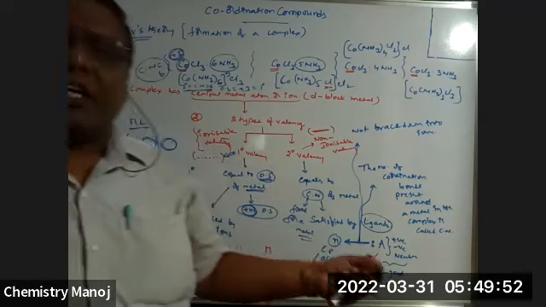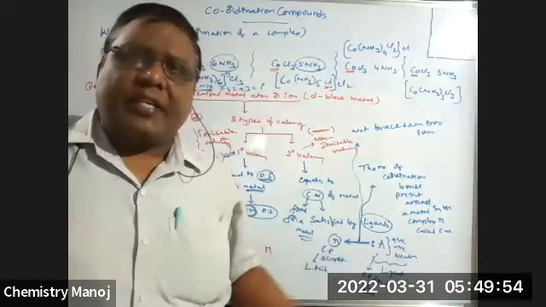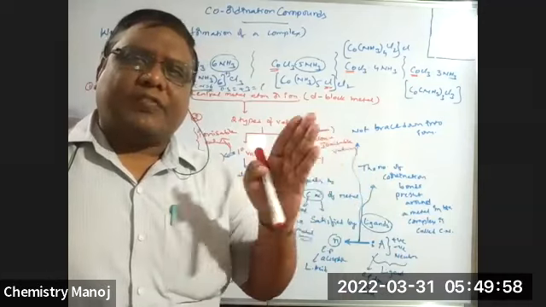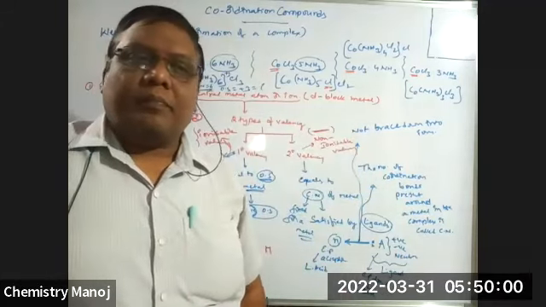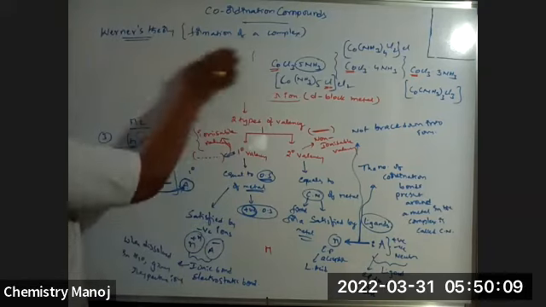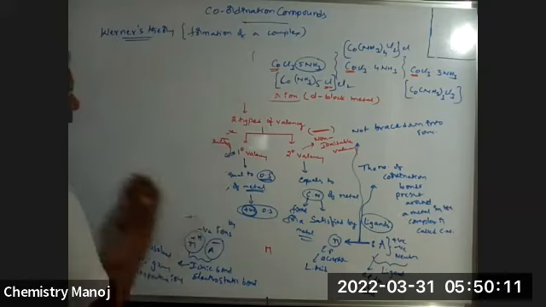If a species can satisfy both primary valency and secondary valency, then you can apply both dotted lines and thick lines for that particular species. Now we can write structures for those complexes.